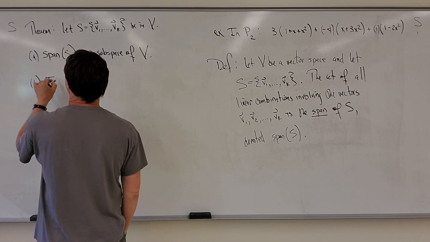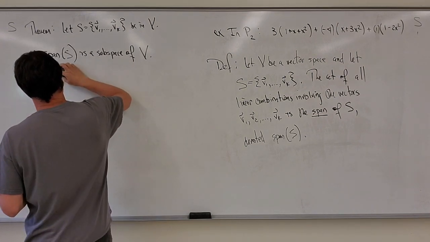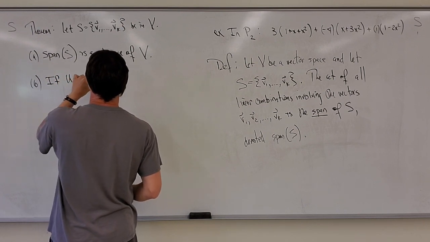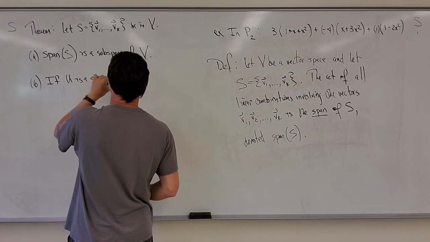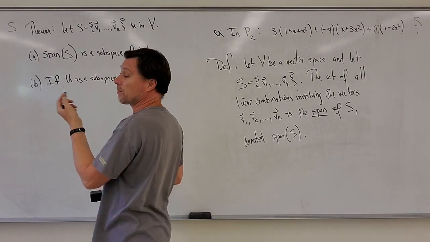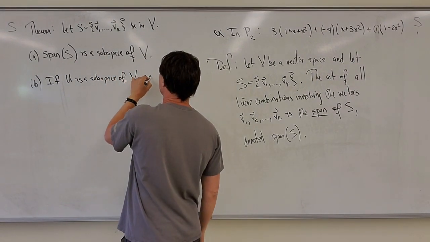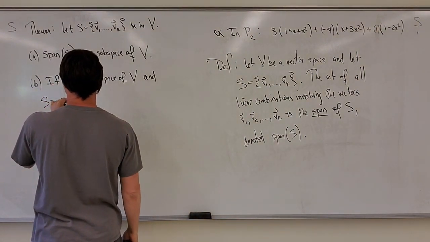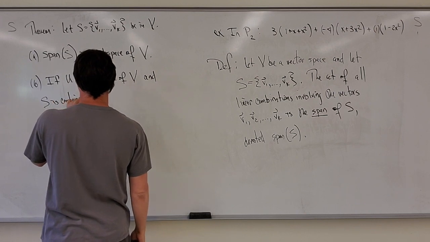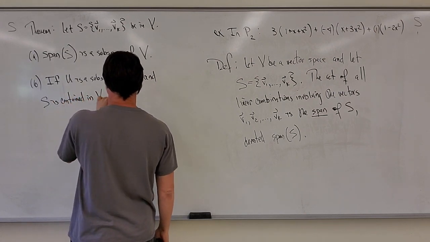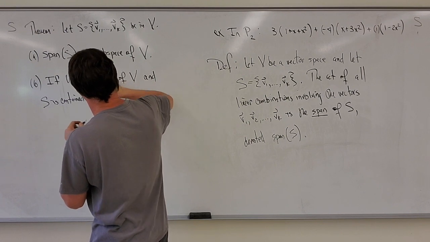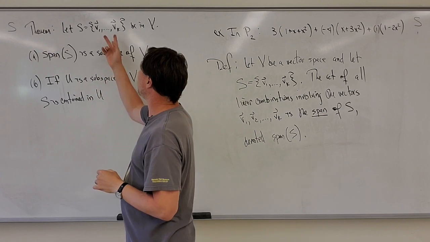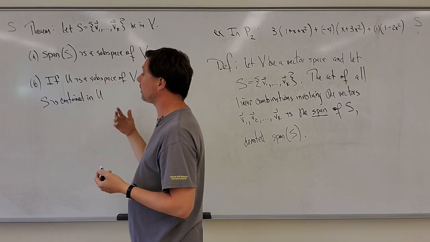So if U is a subspace of V, so if we happen to have some other subspace of V, and S is contained in U. So if all the vectors in S, so V1 is in U, V2 is in U, and so on.